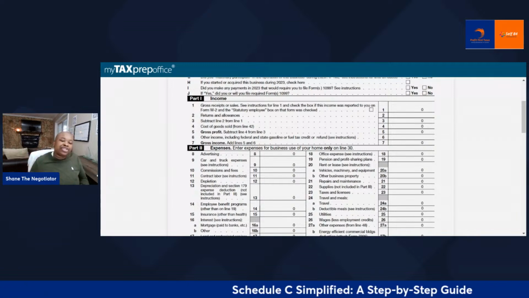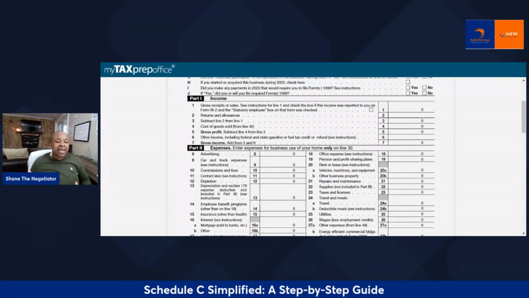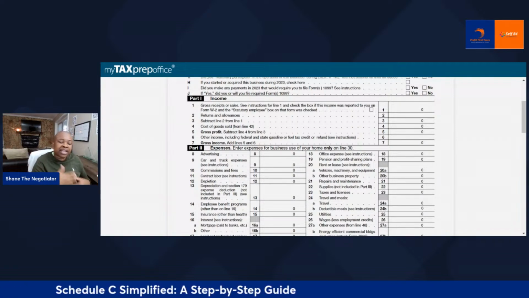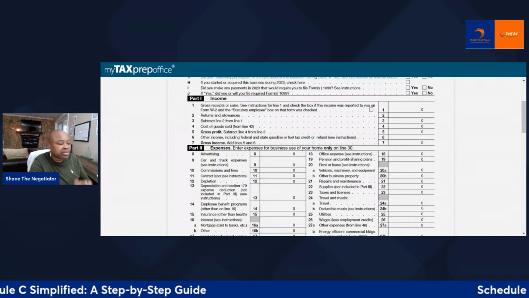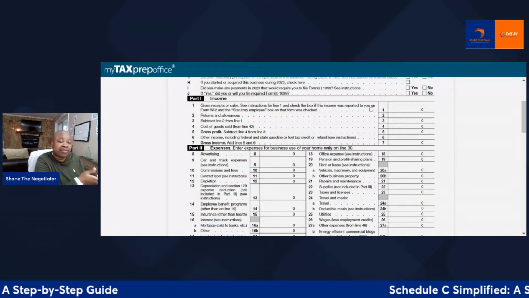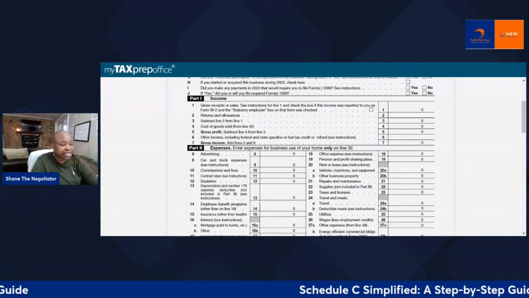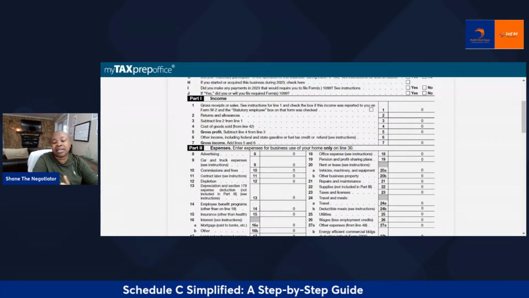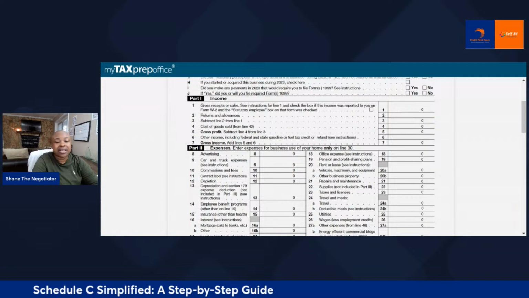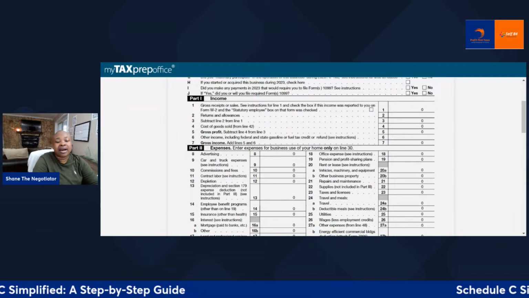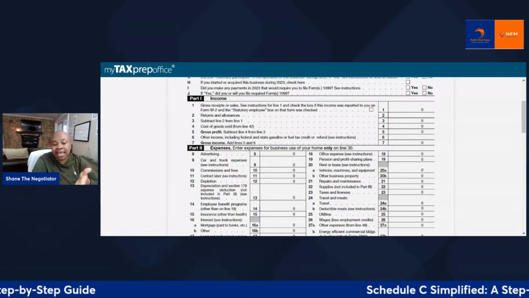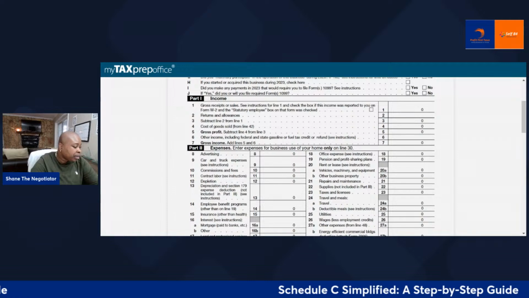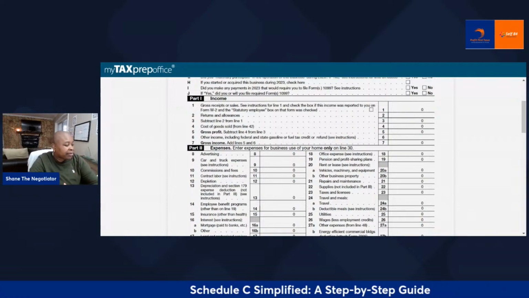Any other income that may have been related to that business, but you might not have calculated in your books, you would add that information in on line 7. So this is income like your interest, or if you had prizes, you would add that in that area. So of course, now all of that would have calculated up.